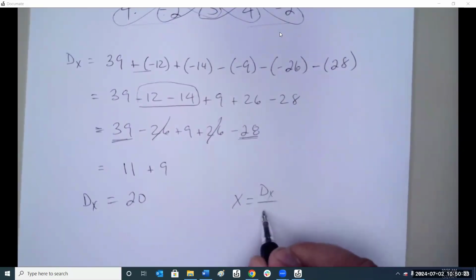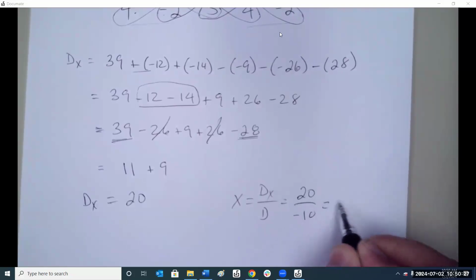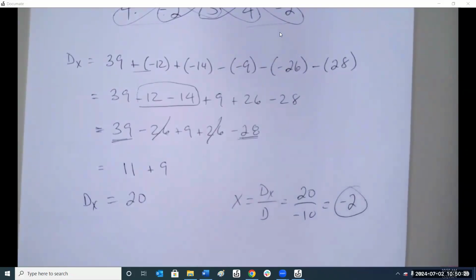So x is dx over d, 20 over -10, which is -2.